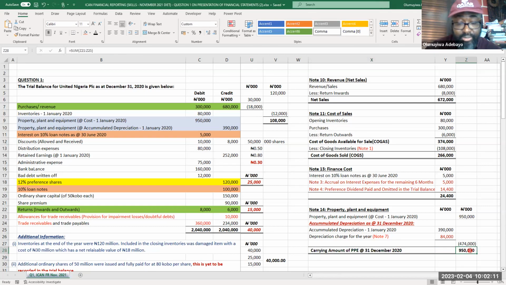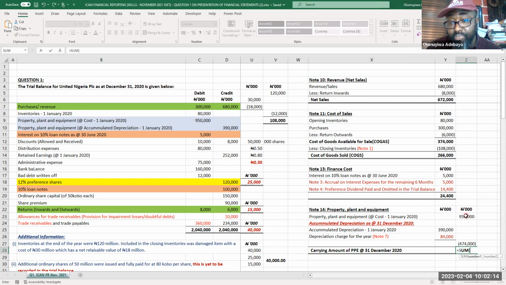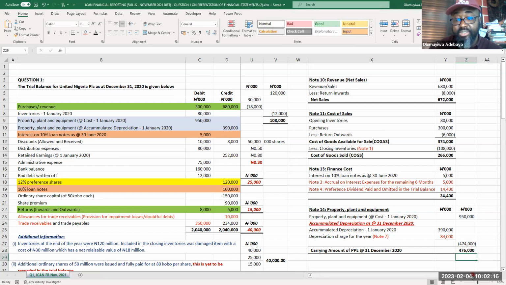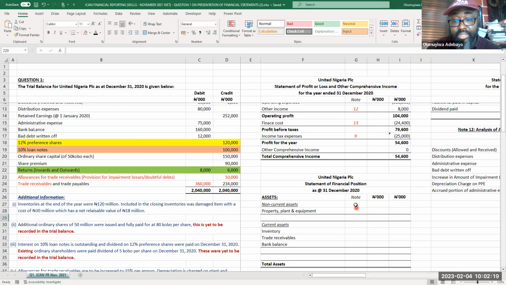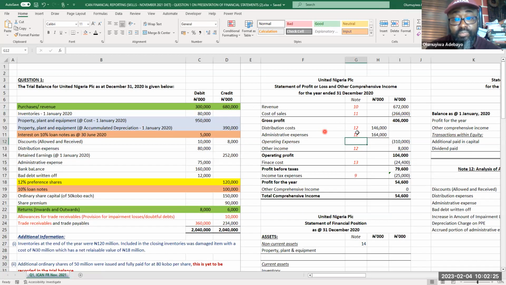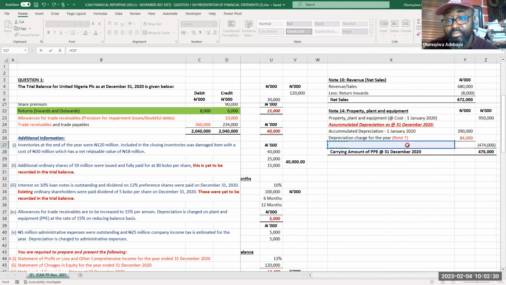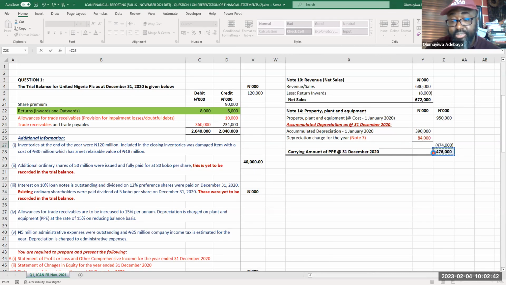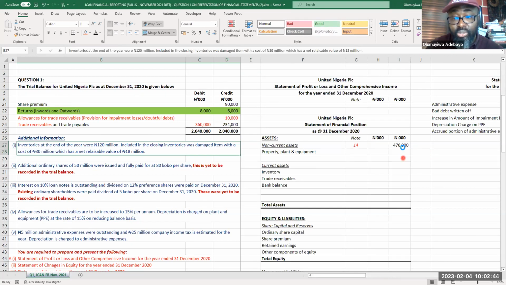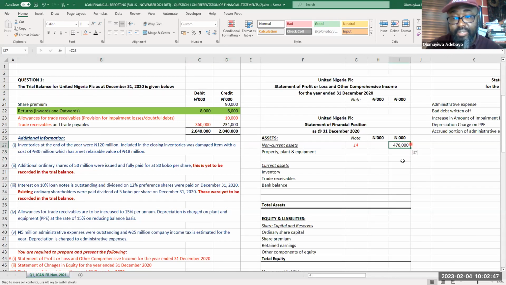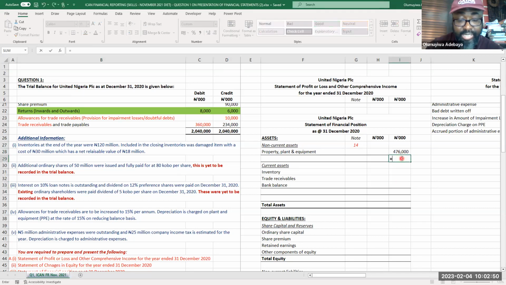Therefore, what is that? I combine the two and it gives me 476. I come here, I say note 14, I guess. Note 14. 476. No other item.